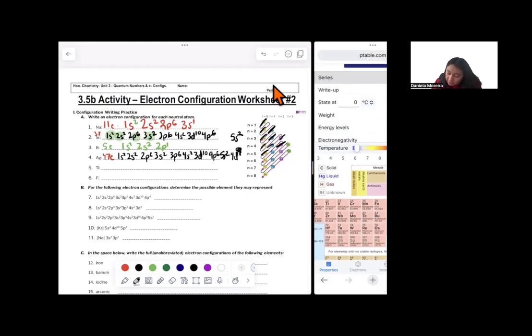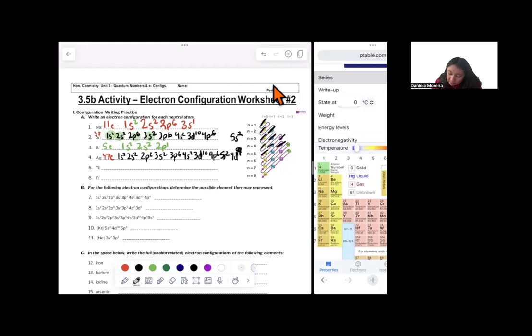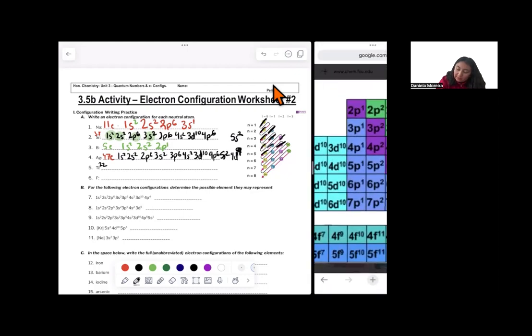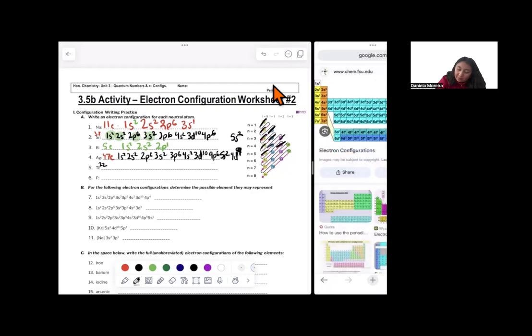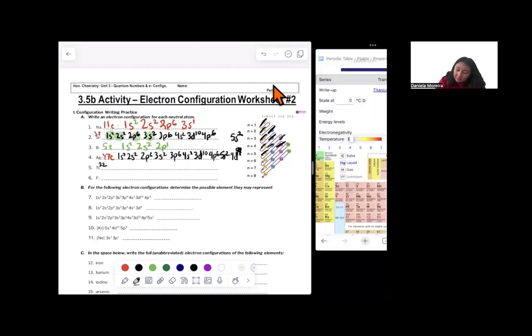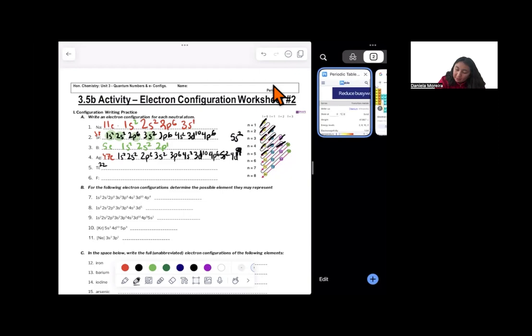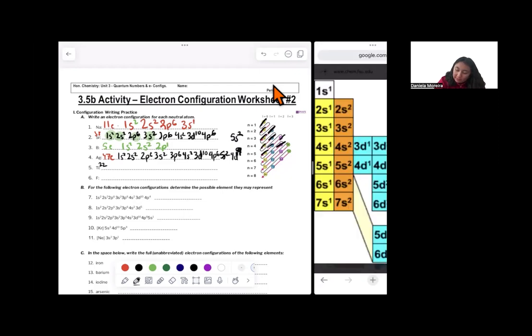Titanium has how many electrons? Titanium has 22. And we know that titanium's in the D block, specifically the 3d block, and it is the second element in the D block, so it should end up in 3d2.